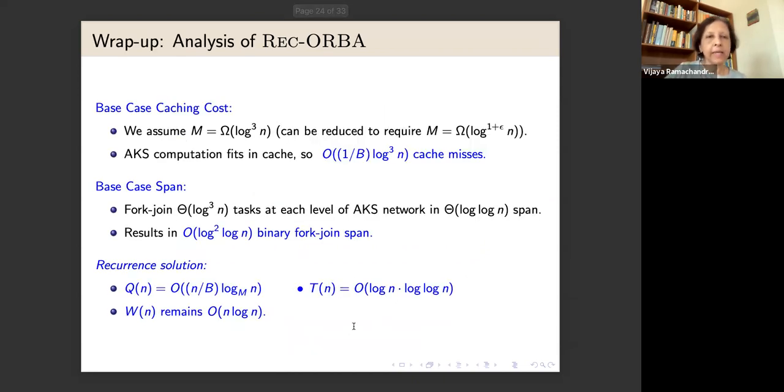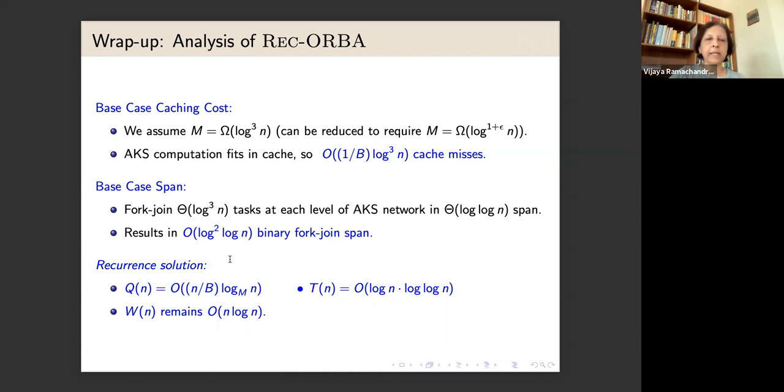Now the base case occurs when you are with a single distributor and the cost is dominated by the AKS computation. But now the base case fits in cache. So the caching cost is just a span bound and the scan bound. And the base case span is, if it was EREW, it would be log n span, but then we have to do it in binary fork join, so we get an additional log n factor for forking and joining at each level.